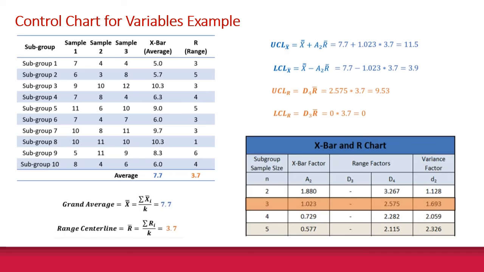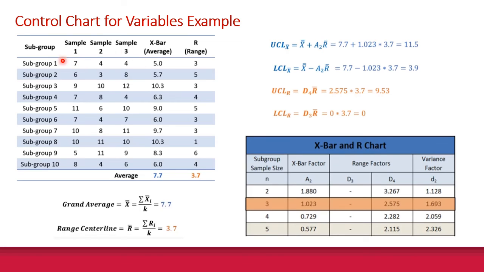So let's take a look at an example here. Let's say we have a situation where we have 10 subgroups. We're going to take 10 measurements off the assembly line. This particular example doesn't really say what these are, but these could be inches or some kind of measurement we're taking.